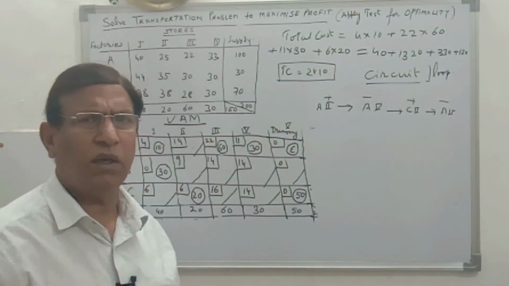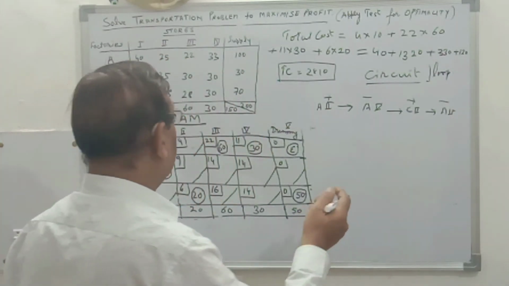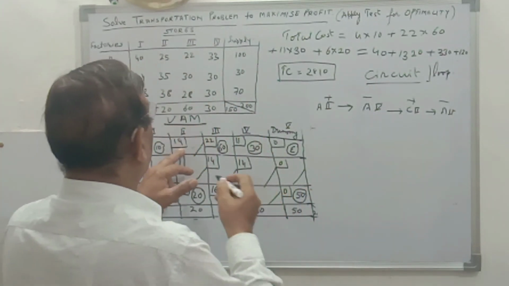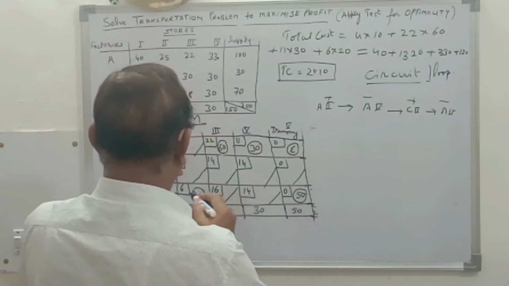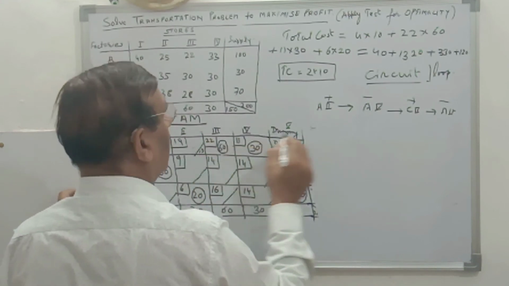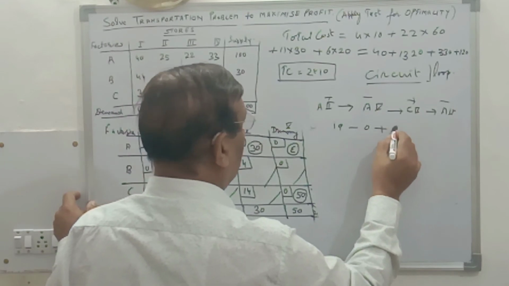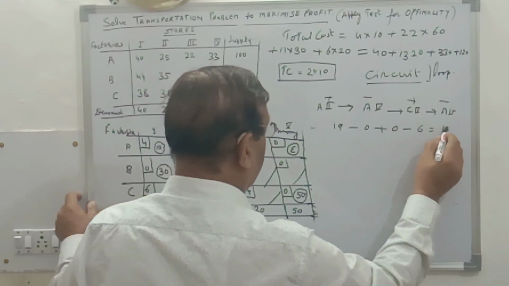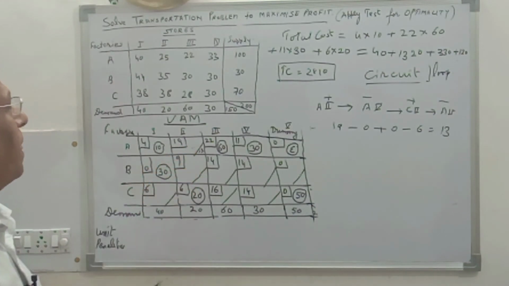It's very simple to remember: plus, minus, plus, minus. So 19 is the cost, it is plus, minus 0, plus 0, minus 6, so it is 13. 19 minus 0 plus 0 minus 6 is 13. So 13 is the opportunity cost of this blank cell.